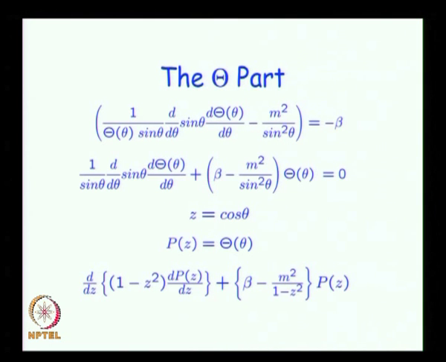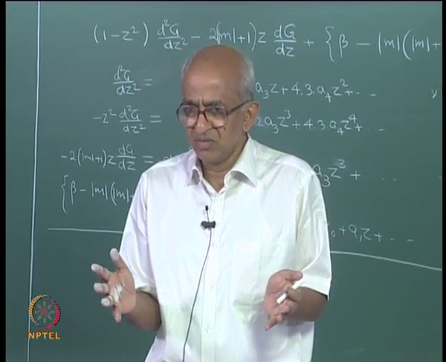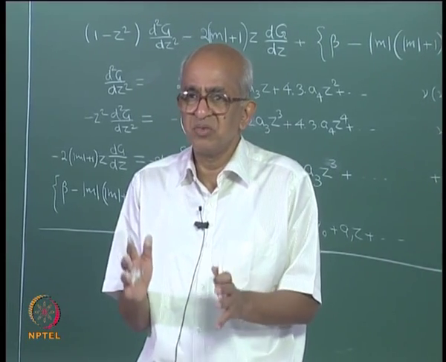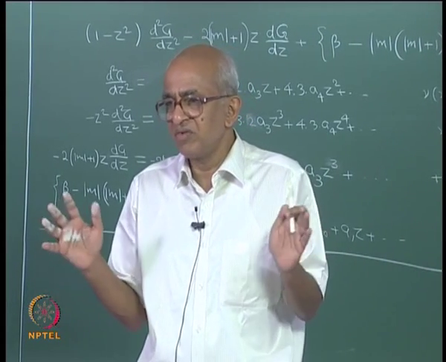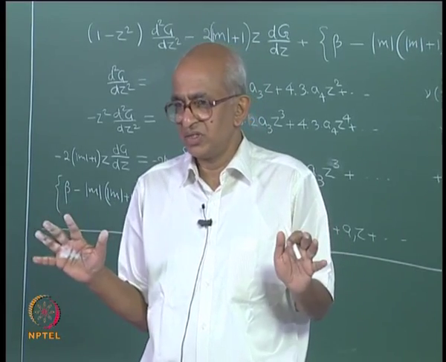Where is my original differential equation? The original differential equation is this one. When we had this differential equation, the value of beta we did not know what it was, but now we find that beta has to be equal to L into L plus 1, then only we will get acceptable solutions, otherwise we do not get acceptable solutions.